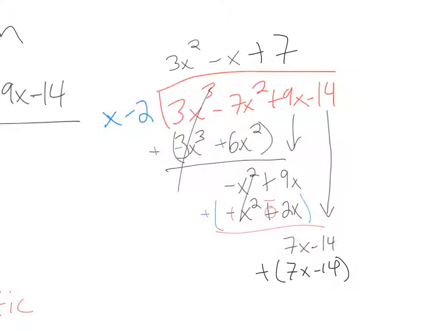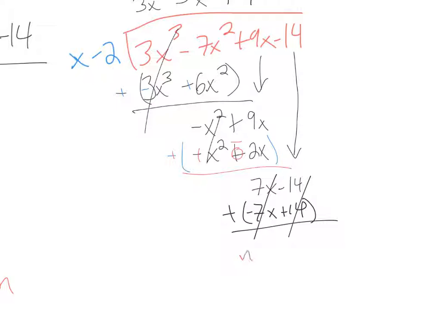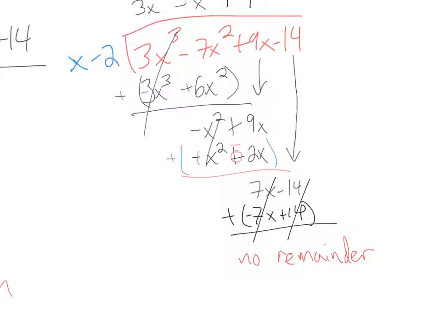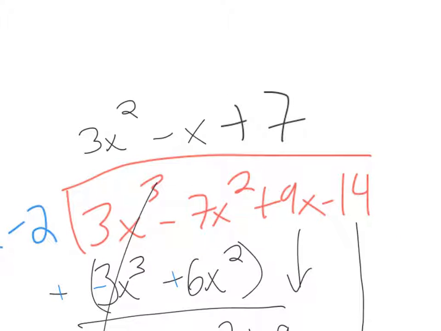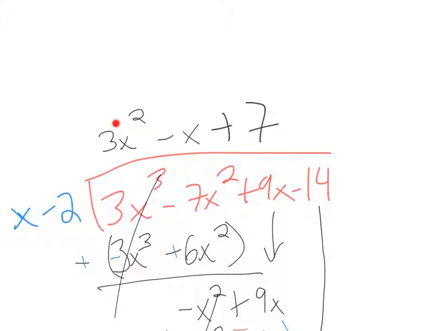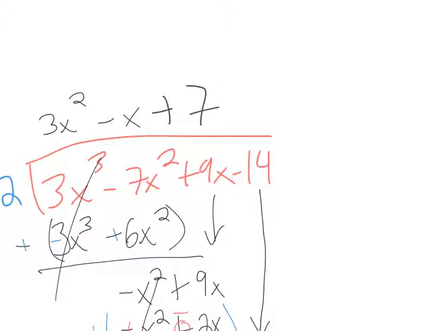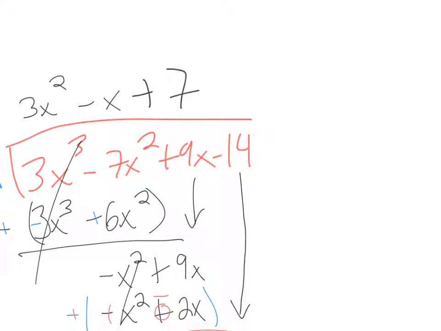Sister subtract, move that negative all the way through, and this time we get a double cancellation, meaning you have no remainder. Alright, so this new quadratic up top is actually the solution, or the quotient after division. So I'll write that 3x squared minus x plus 7.